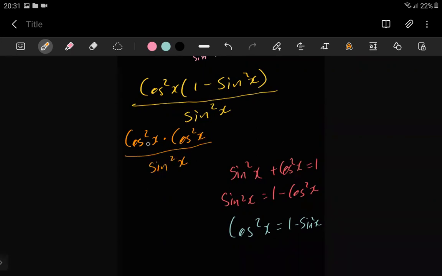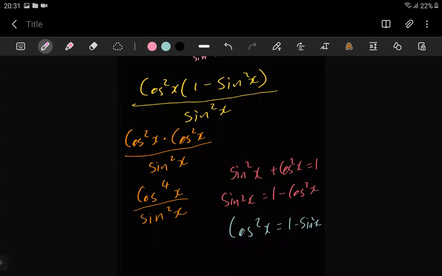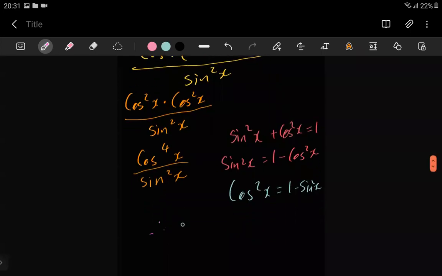So cos squared x times cos squared x gives us cos to the power of 4 x. And then you can say, therefore, left-hand side is equal to right-hand side, and then you're done.